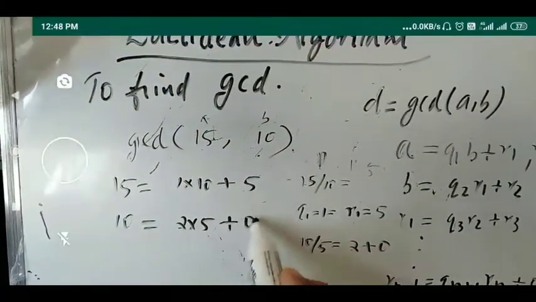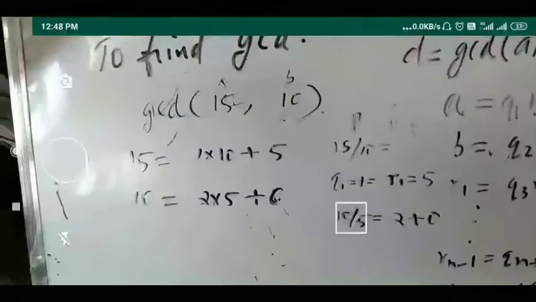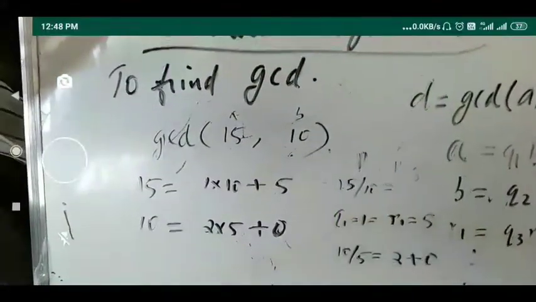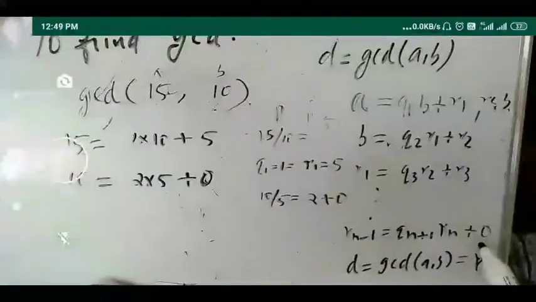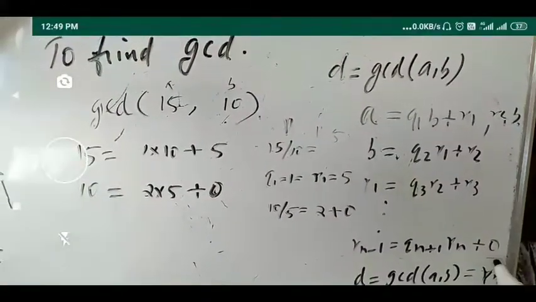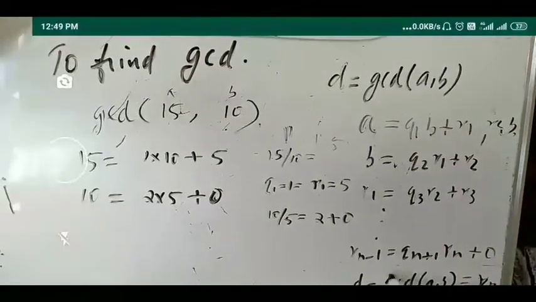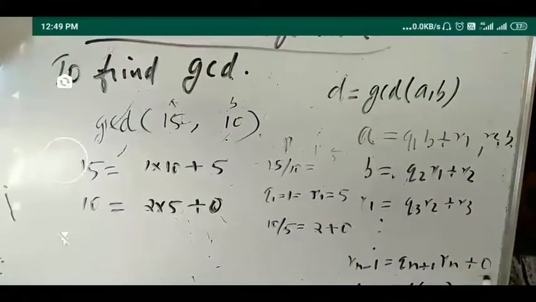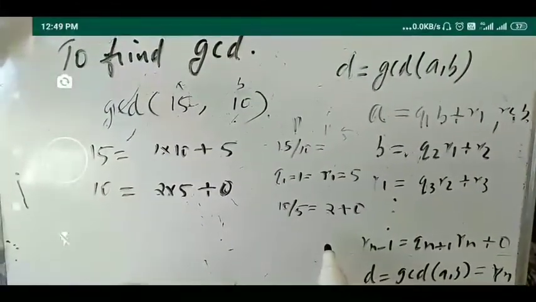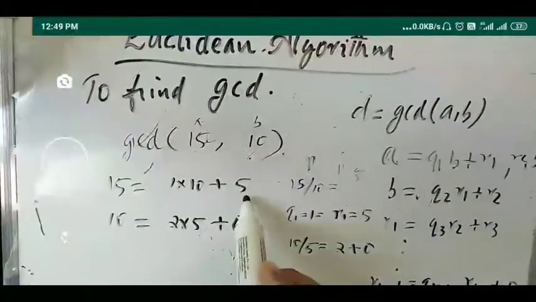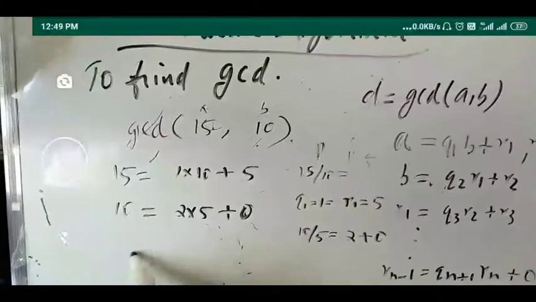Here we can see the remainder is 0. Then our aim is, after getting the remainder 0, we can say that the previous remainder is the GCD, the greatest common divisor. Now here the previous remainder is 5, so it is the GCD.